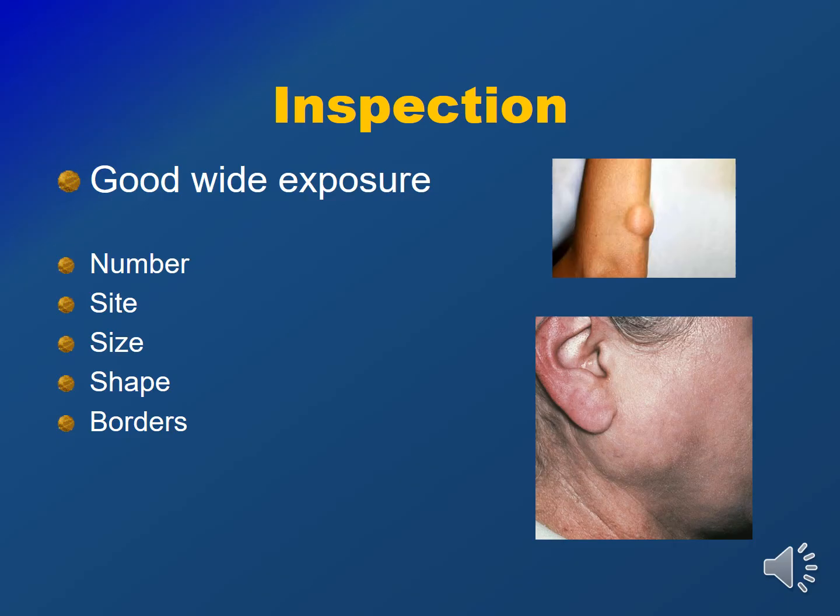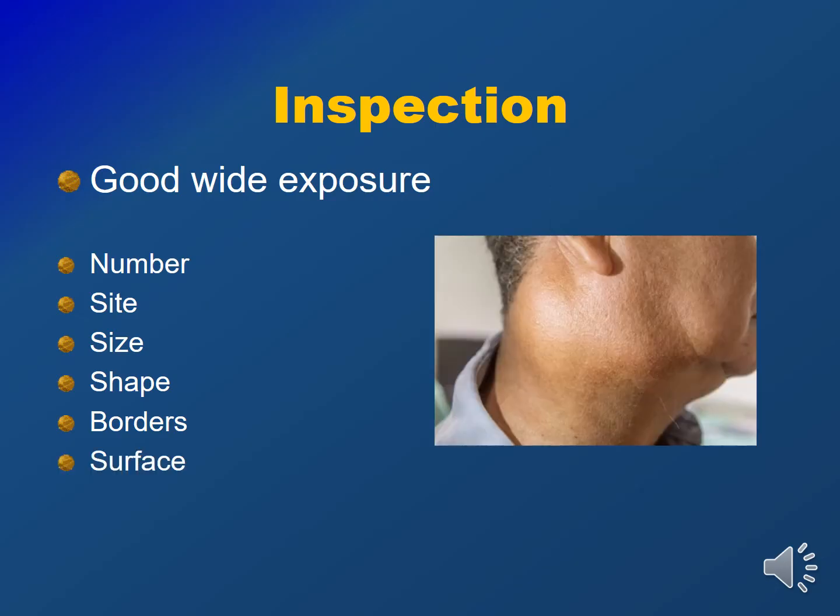We can describe the shape by seeing if its border is well defined, as in the upper picture, or ill defined, as in the lower one. Surface of the swelling itself: if it is multiple as in these pictures, the surface is lobulated irregularly, but most of the swellings in surgery have a smooth surface if solitary.